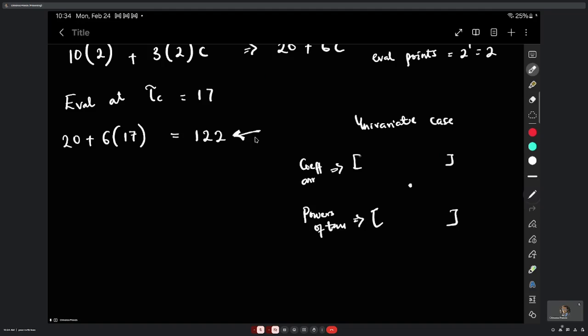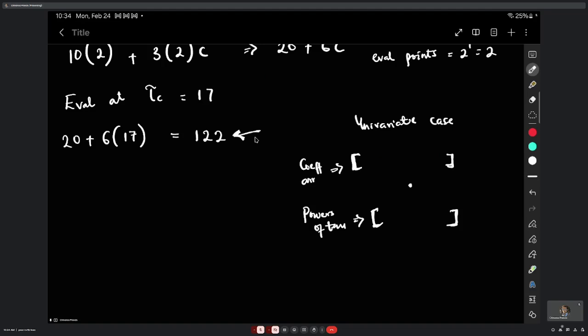And in order to evaluate the univariate polynomial, we do a dot product, right? We want to achieve something similar with the multilinear case.